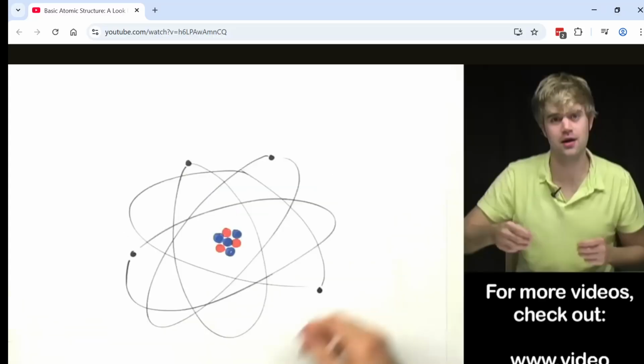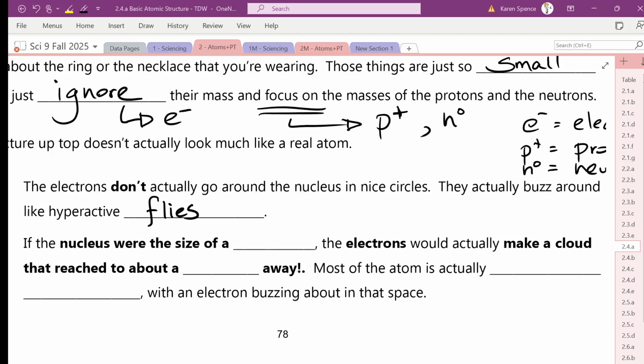Okay? So let's fill that out. If the nucleus were the size of a grape, the electrons would make a cloud that reached about a mile away. And if you're not familiar with miles, a mile is about 1.6 kilometers.